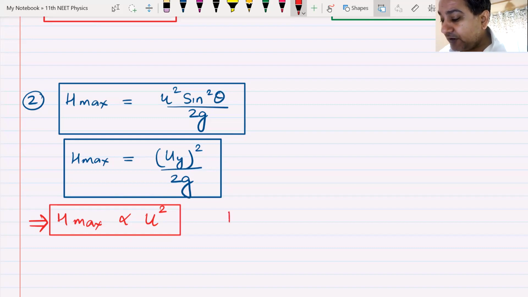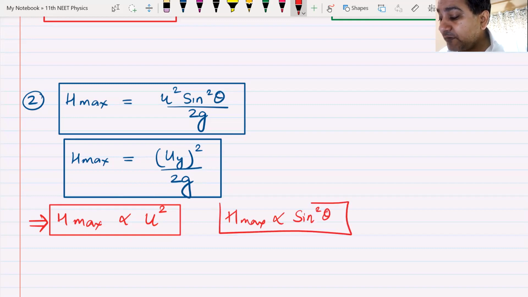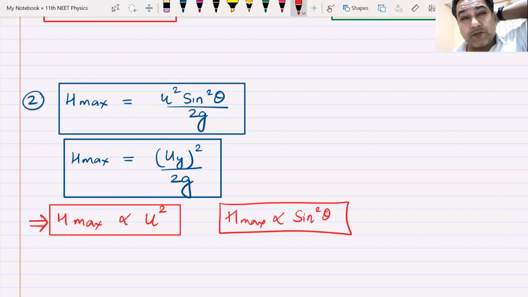Okay. The next point is H max. H max is proportional to sine square theta. That means again, if you make the angle from 30 to 60, it will increase in the square of that sine.